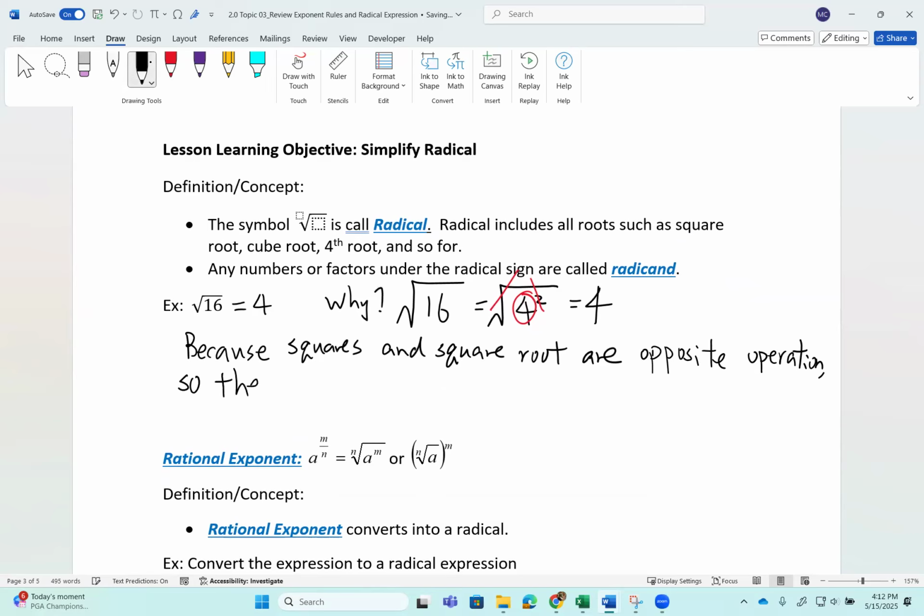So they cancel each other out. There you go. That's the reason why. So cube and cube roots are opposite operation, so they can cancel each other out.